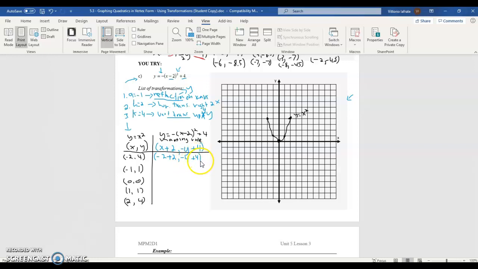And so our final answer is going to be negative 2 plus 2 is 0, and negative 4 plus 4 is 0. So this negative 2, 4 point over here becomes 0, 0. And it makes sense. We moved over to the right by 2.